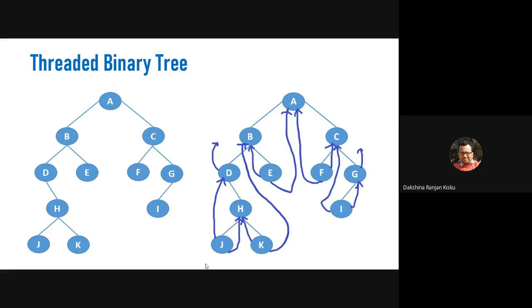Therefore, the left pointer of D is set to the empty in-order predecessor, and the right pointer of G is set to the empty in-order successor.